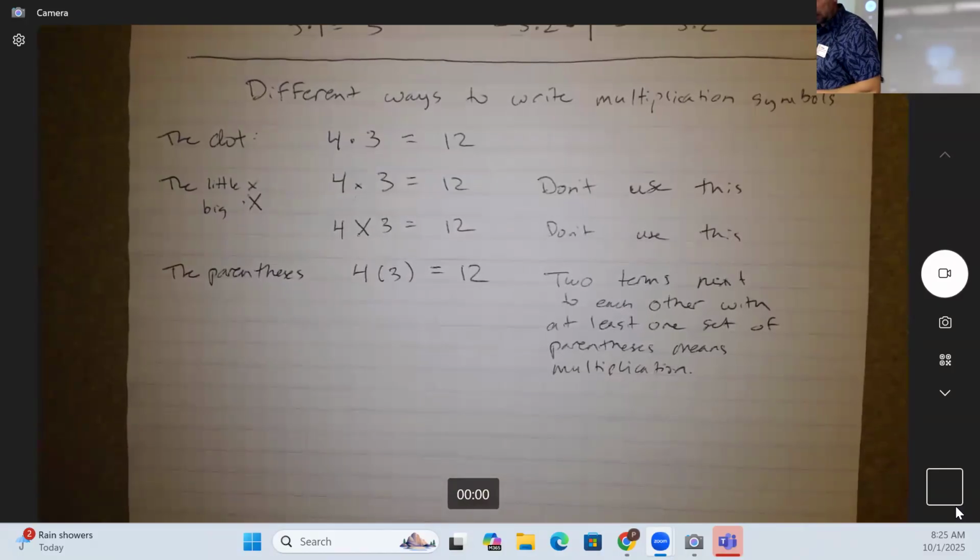Our book doesn't really use plain parentheses when multiplying numbers, but there are going to be lots of times when you do use plain parentheses to represent multiplication.